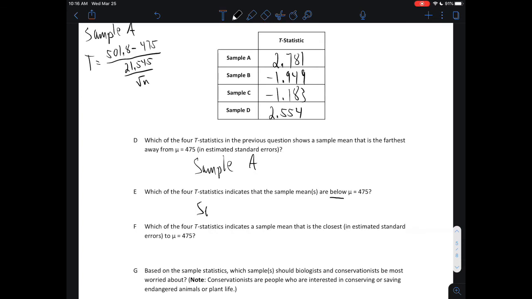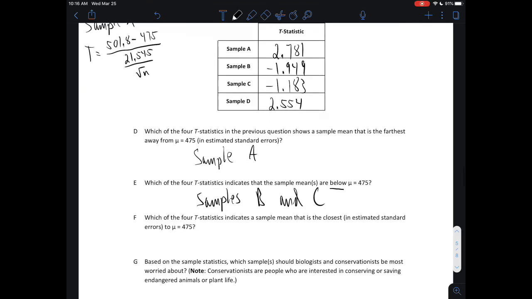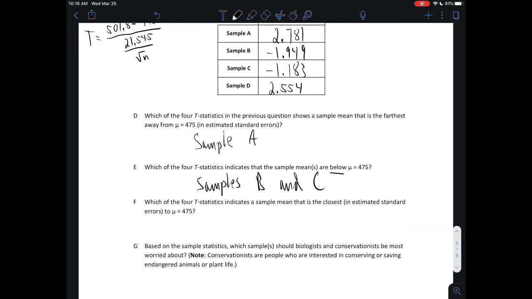So that would be samples B and C. Part F, which of the 4 t-statistics indicates a sample mean that is closest in estimated standard errors to mu equal 475? Again, doesn't matter if it's positive or negative, just what's closest to the center, which would be where 0 is for the t-scores. This is sample C with negative 1.183.